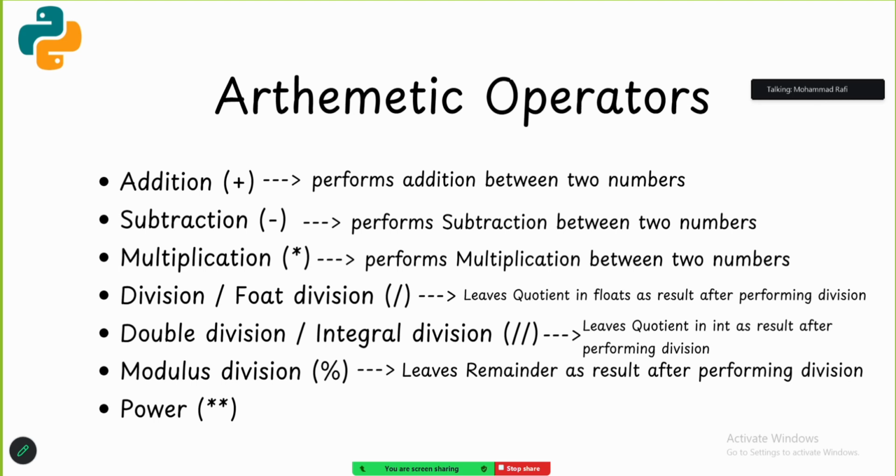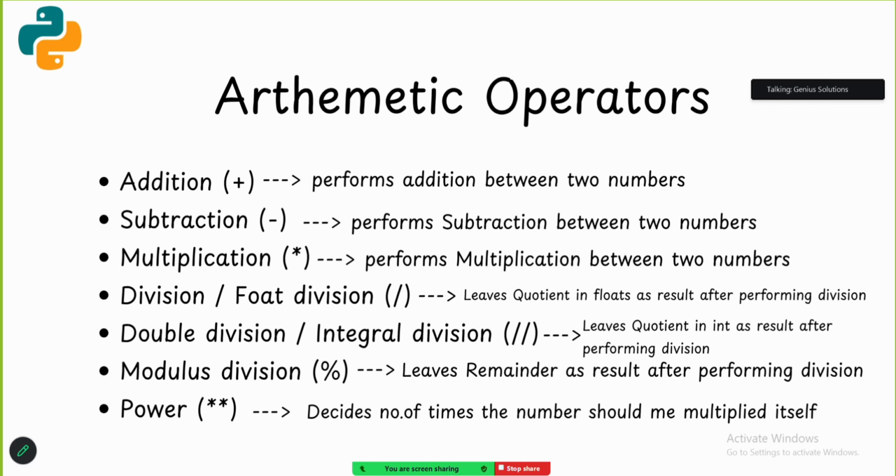Does anyone have confusion or need explanation again? Okay. Next, we have an idea about power. What does power do? Power tells how many times the number should be multiplied by itself.